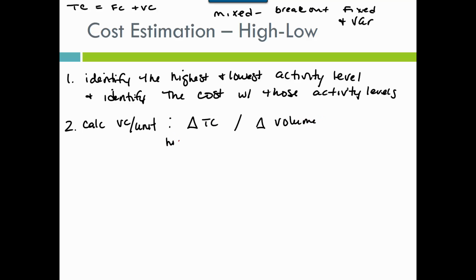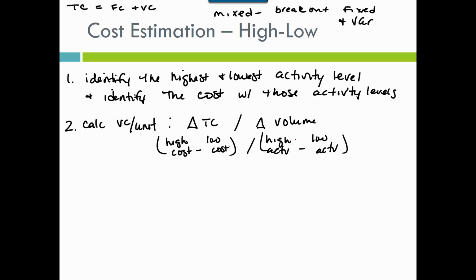So high cost minus low cost, divided by high activity versus low activity, like how many units I produced. And that'll make more sense, I think, in the next problem.